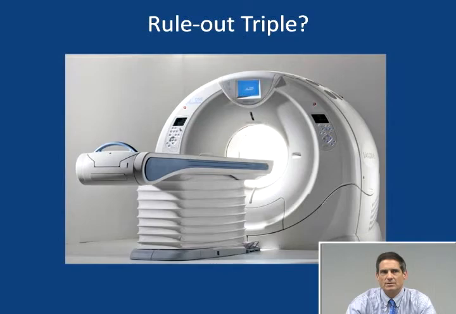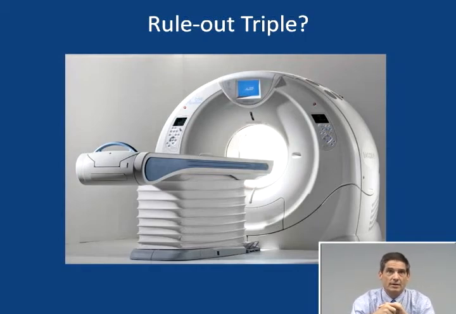Rule out triple. What is a triple, and why are we ruling it out? Well, a triple is when you have somebody with chest pain that you're working up, particularly in the emergency room, that's severe in nature, and you're looking for pulmonary embolism, dissecting aortic aneurysm of the thoracic aorta, and coronary artery disease or heart attack.